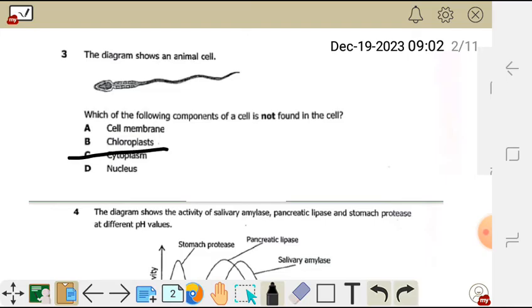Chloroplast is found in plant cells, where it helps to attract the sunlight for photosynthesis purposes. So in animal cells, chloroplast is not there, but the cell membrane, cytoplasm, and nucleus are all the components in an animal cell. So the correct answer for question 3 is B.